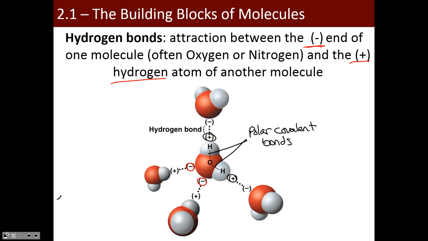That creates this individual water molecule. Because of these partial charges, this water molecule can be attracted to other things that have partial charges, like another water molecule. So this bond between the partial positive of this water molecule and the partial negative of this water molecule is a hydrogen bond.